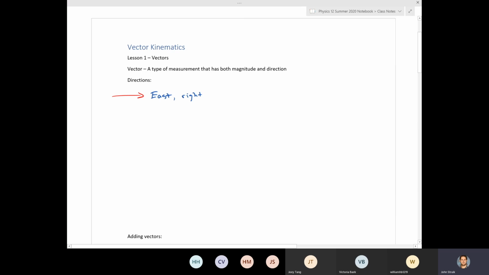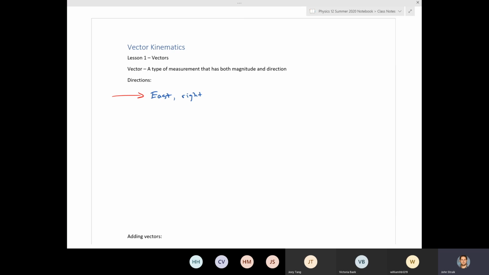We're dealing with two-dimensional vectors right now, but eventually, if we get to electromagnetism, that occurs in 3 dimensions. And so then you have up the page, to the right, down the page, and then out of the page and into the page. So it gets a little bit more confusing. So for now, we're just going to deal with 2 dimensions.